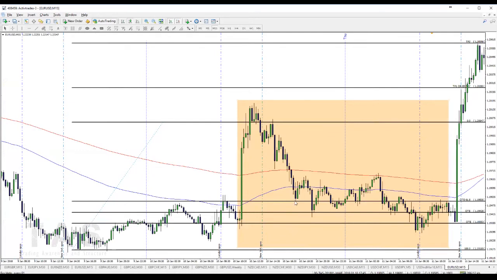is, when price is coming down to your buy level, you don't want to buy when it hits your level. You want a move that takes out stops. So let's say you have stops here.